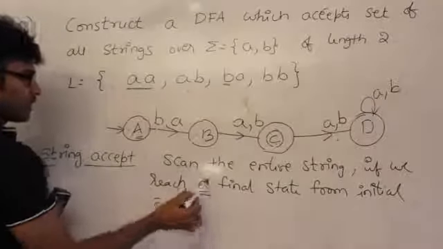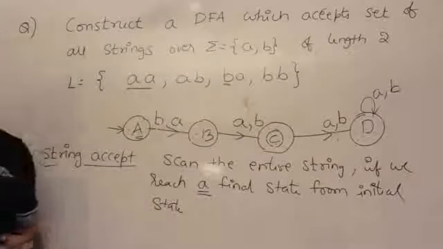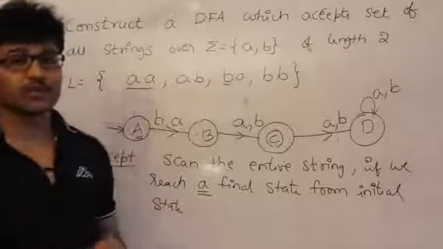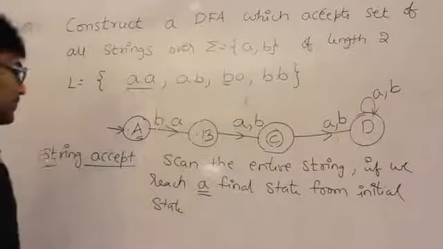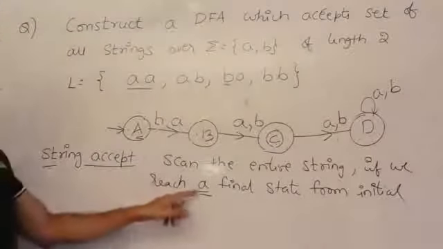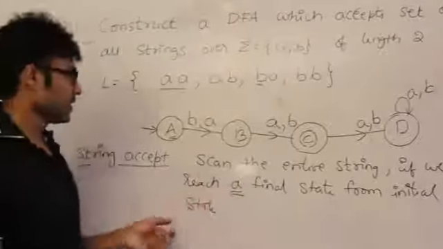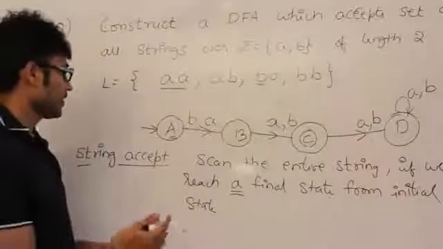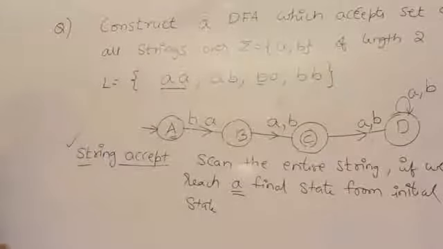This is important, a final state, which means there can be more than one final state. If you are able to reach at least one final state, that is enough. So if you are able to reach the final state from initial state upon scanning the entire string, then we say that the string is accepted.